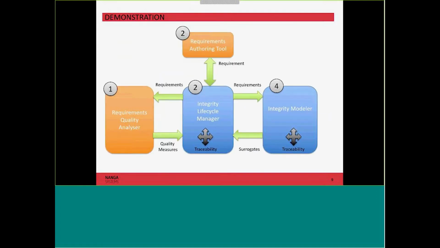Moving on, just before the demonstration, I'll put things in a little bit of context about what we're going to look at. First of all, we look at the Requirements Quality Analyzer. That will take requirements from the Requirements Management System, Integrity Lifecycle Manager. It will then produce a set of quality measures.